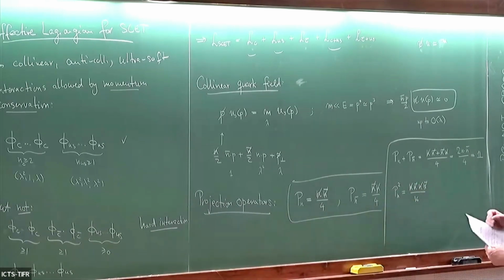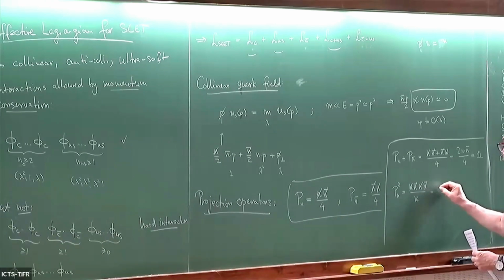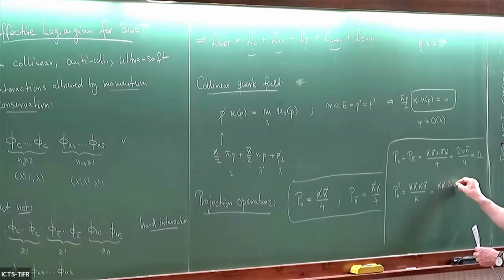So we only get the commutator term, so we get n-slash n-bar-slash times 2 n-bar over 16. n-bar is 2. 2 times 2 over 16 is 1 over 4, which gives you back P_n. So P_n squared is P_n.